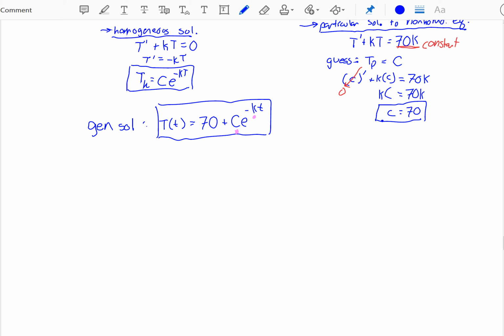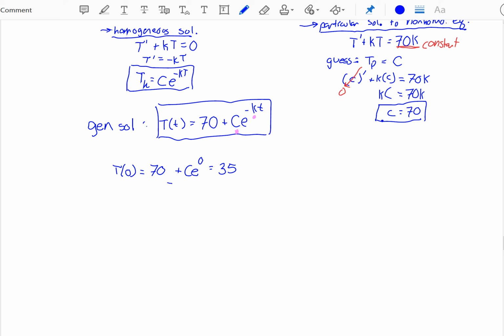Okay, I hope you paused the video and you already found your constants c and k, but let's do it together just to make sure we're doing the same things. We know at time 0, when you plug in 0, you're going to have 70 plus c e to the 0. And we know at time 0, our beer was at 35 degrees.